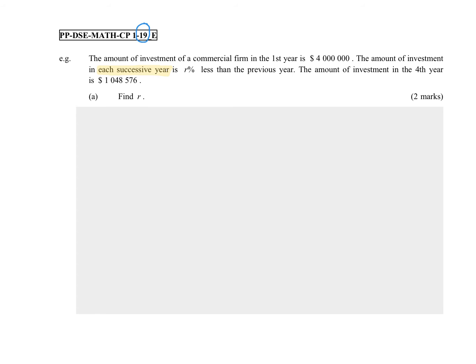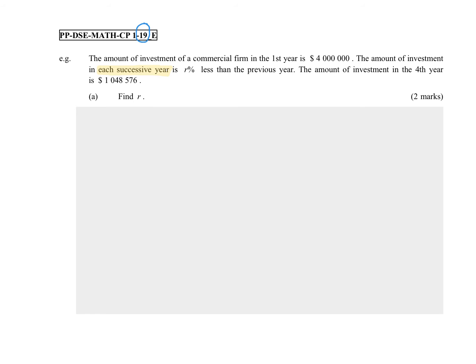That means the percentage decay will be constant. That will be R%. Each year decreased by R% of the previous year.